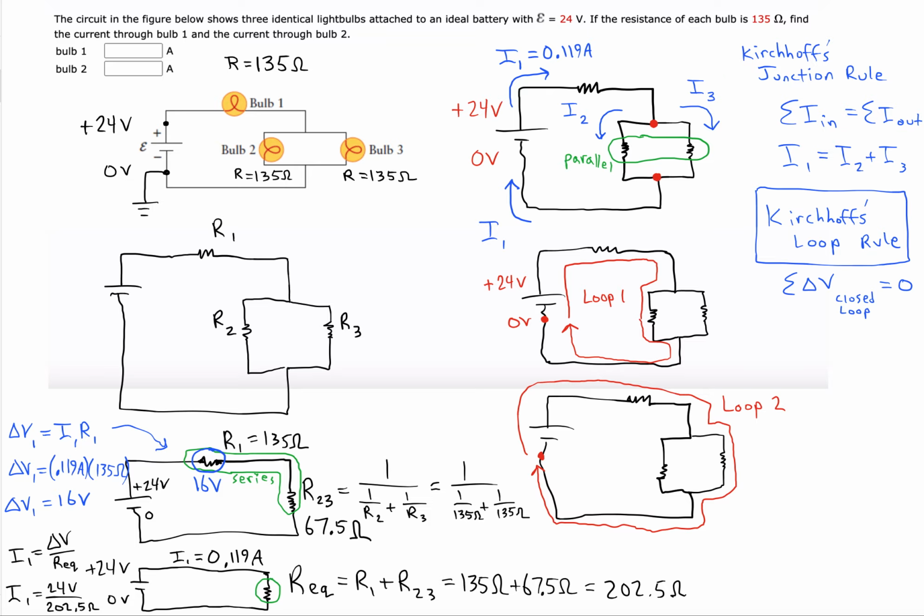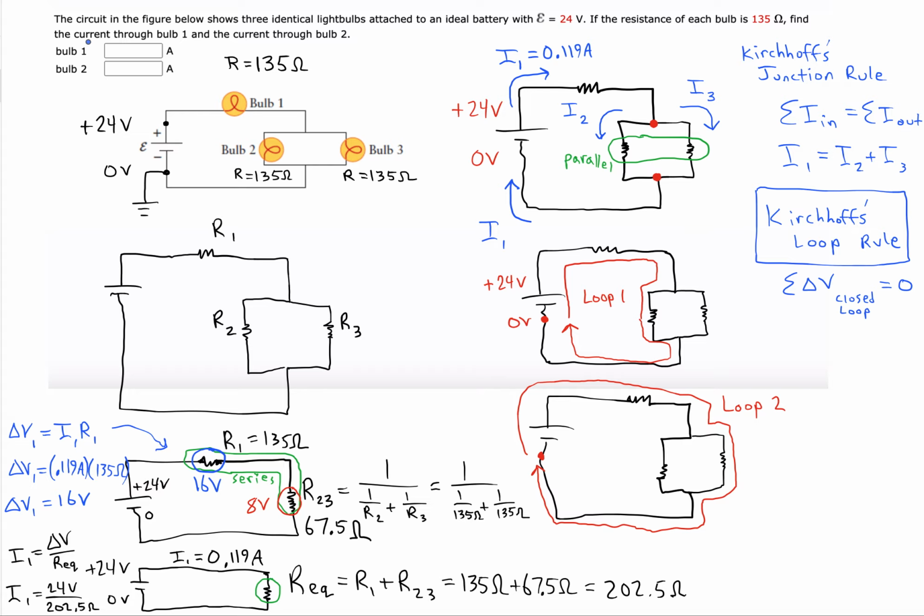Well, it would be eight volts. We lose more potential in that first resistor because overall it really does have more total resistance than the combination of the other two, right? You got the same current, more resistance, you're going to have more potential dropped in that bulb.